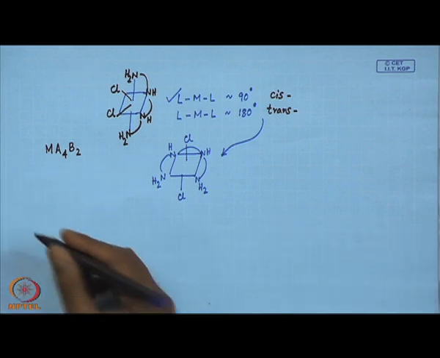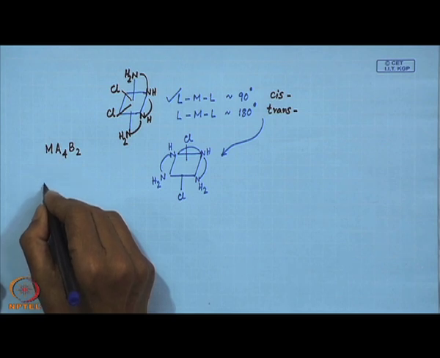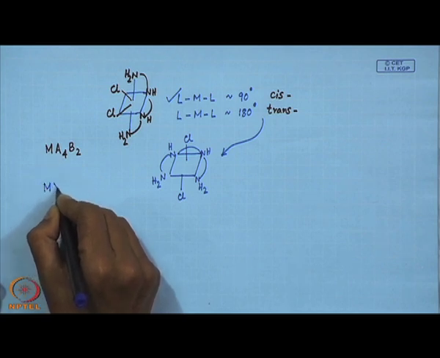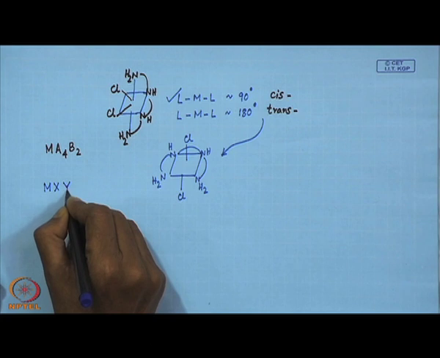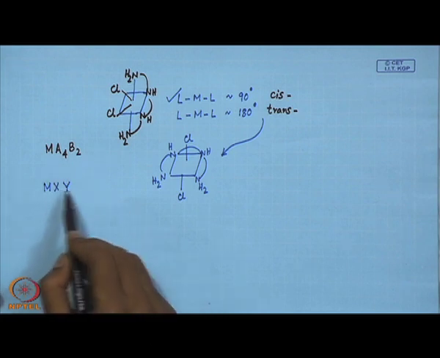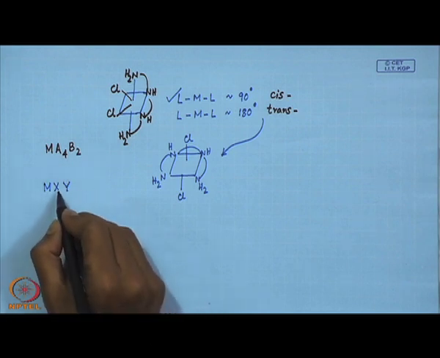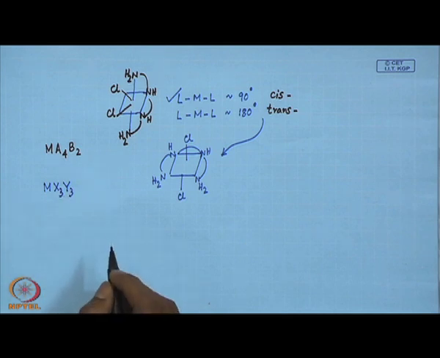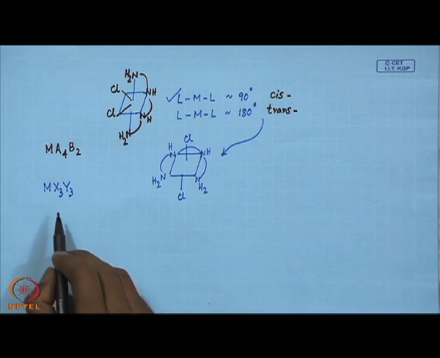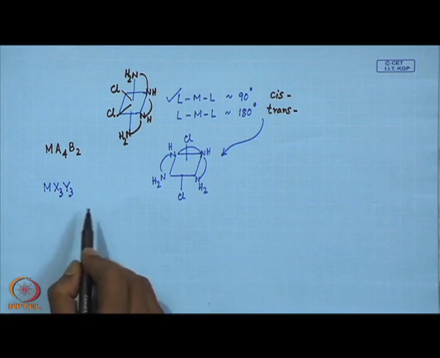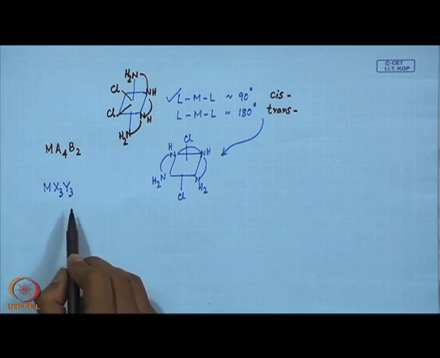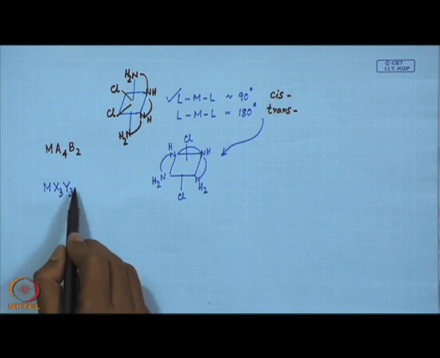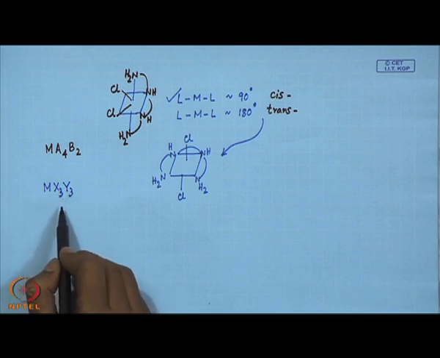Now we simply move on to the other system where we can have two different ligands again, like A and B or X and Y, it is all the same, but their numbers are now 3 each. That means 3 of X and 3 of Y. And what type of possibilities can we have with this type of arrangement.